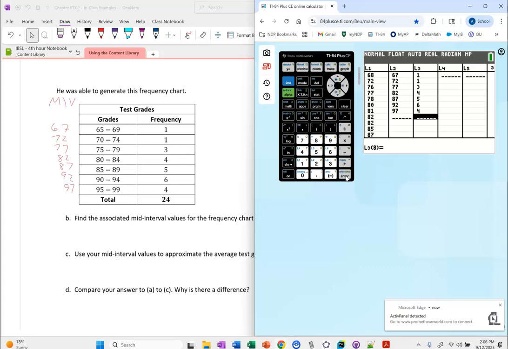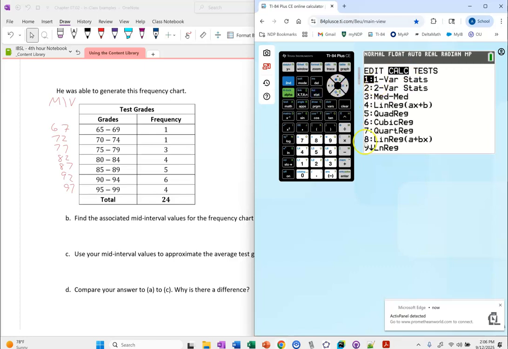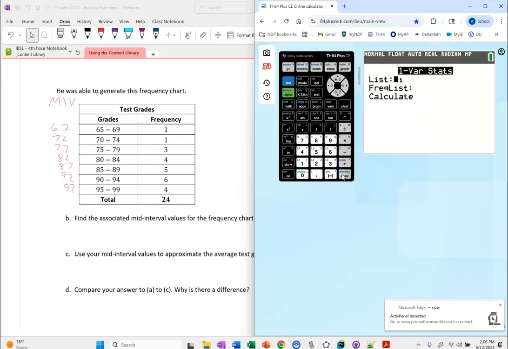Thank you. Everybody's okay? Yeah. I'm going to exit out of here, and I'm going to do the one variable stats, but this time I'm going to include a frequency list. So I'm going to do stat, over to calc, I'll pick one variable stats. My new list of mid-interval values I put in L2, and this list has frequencies attached to it.